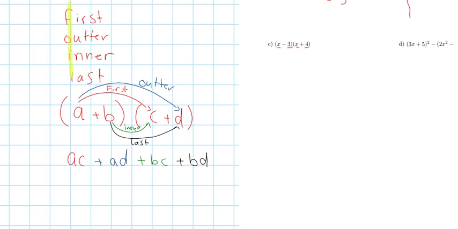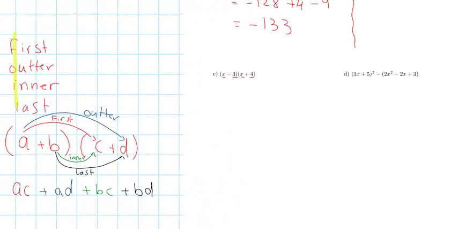Okay, so here's the example that we have. I have x minus 3 times x plus 4. What do I multiply first? x times x. So x times x is x squared. Followed by, what do I multiply second? x times 4. So that's plus 4x.